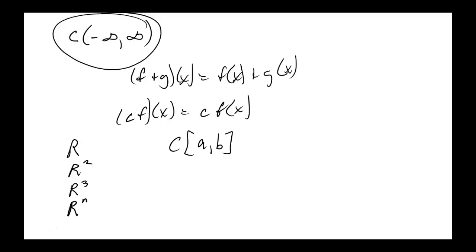Now, the key here is defined on that. It's not where they end up, but that it's defined on A to B. And that works also. You can go back and check them point by point. When they just say P, that's the set of all polynomials, period. Or P sub n is all polynomials of degree n or less. And then you had M sub m n, the set of all m by n matrices.